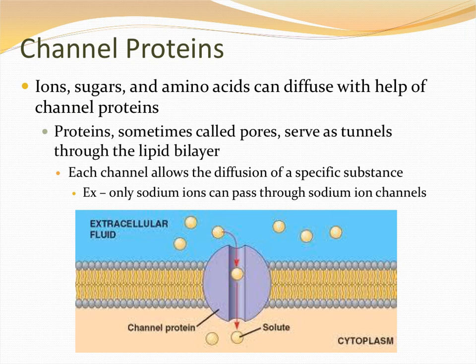Notes are online. Here's our channel protein, right? You made it three-dimensionally. You put it in the membrane. You made the membrane, right? So this is not new to you. Ions, sugars, amino acids can diffuse with the help of proteins. So you're eating an apple, crunch, chomp. You swallow it, you break it down in your stomach a little more, right?